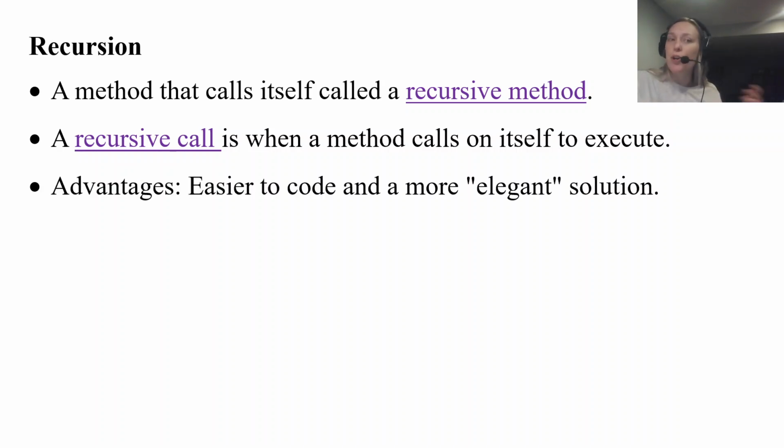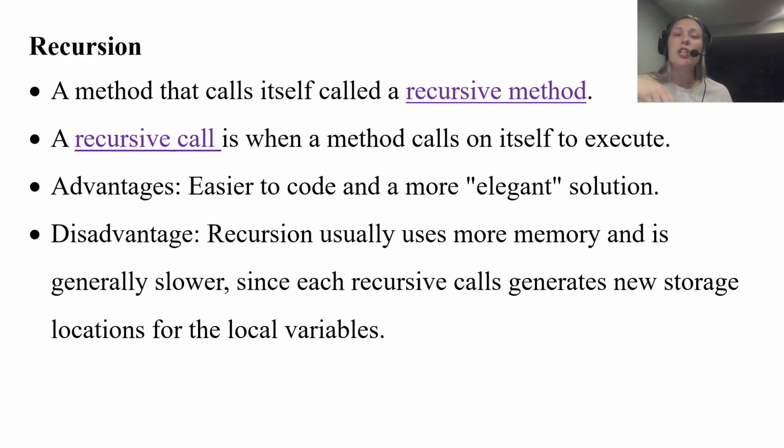The reason we can use recursion in Java is it's actually easier to code, and it results in what we say is a prettier or more elegant solution a lot of the times than something that wouldn't use recursion. The disadvantages is it usually takes more memory and it tends to be slower. If you're using Replit, you'll notice that recursion goes a lot slower on Replit.